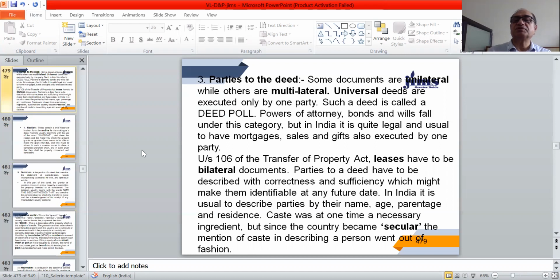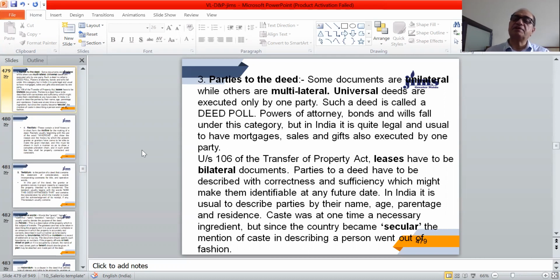Then third, parties to the deed. You will have to describe the name of the seller, name of the purchaser with complete parentage, age and address. My dear students, some documents are drafted unilaterally. They are known as unilateral documents, whereas others are drafted like multilateral, bilateral documents also. Say for example, sale deed.